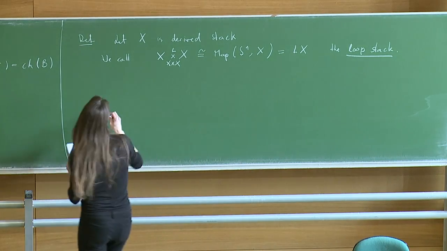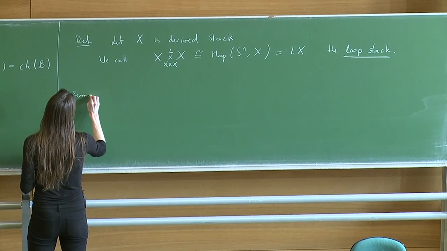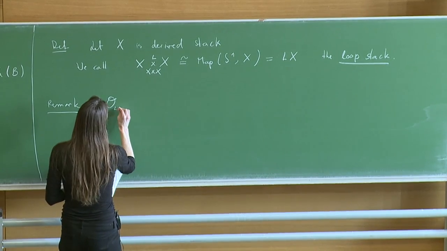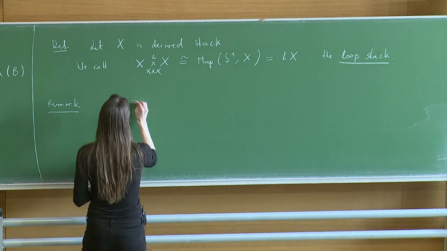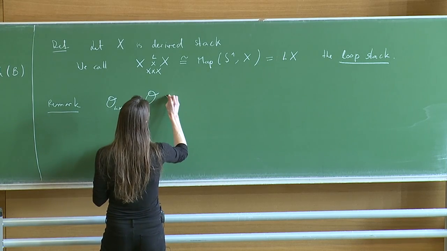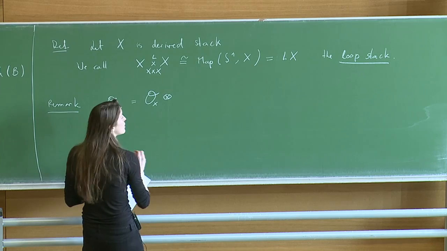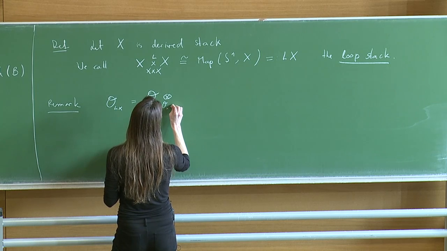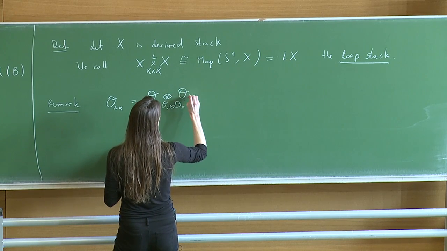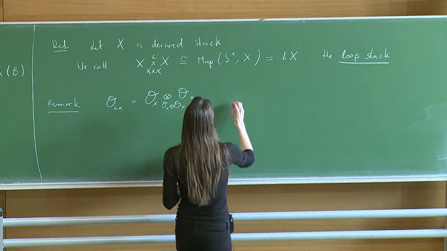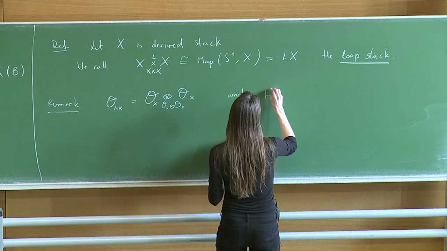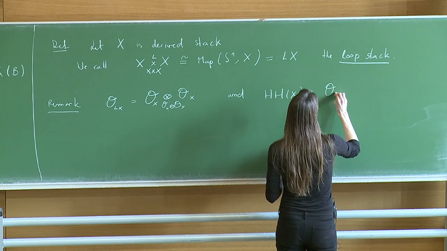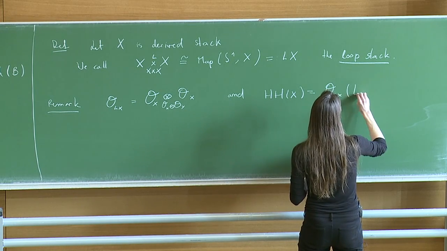So what is the connection with what we've just done beforehand? What is, first of all, the structure sheaf of this loop stack? Well, the structure sheaf of the loop stack is given by the derived tensor product of the original structure sheaf of X, seen as an O of X tensor O of X module. And this means that, therefore, the Hochschild homology of X can be identified with the global sections of the structure sheaf of the loop stack.